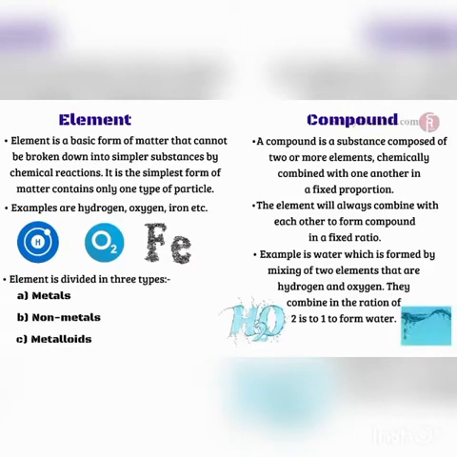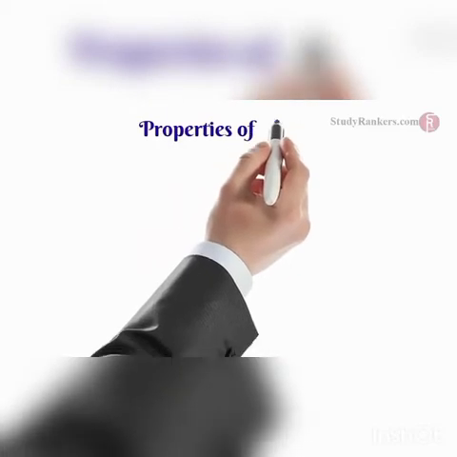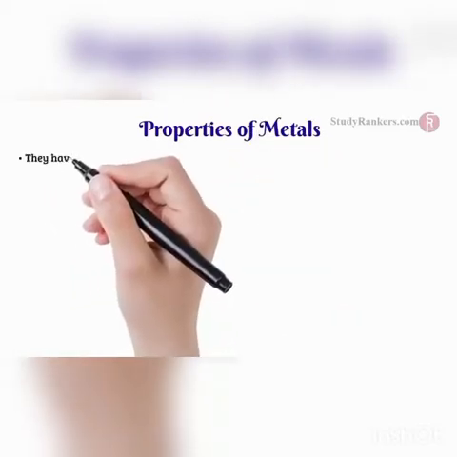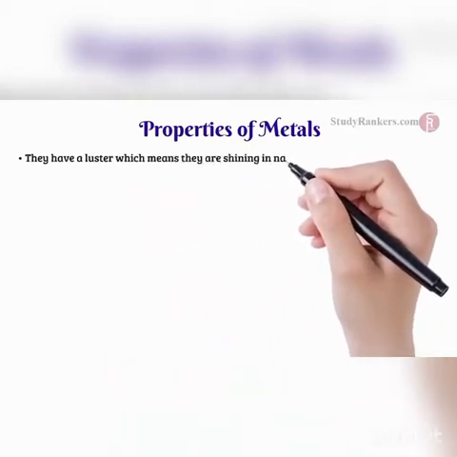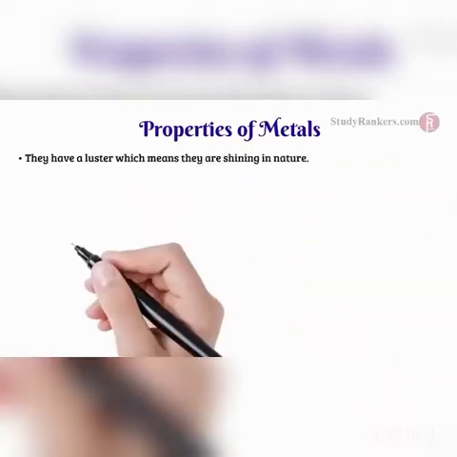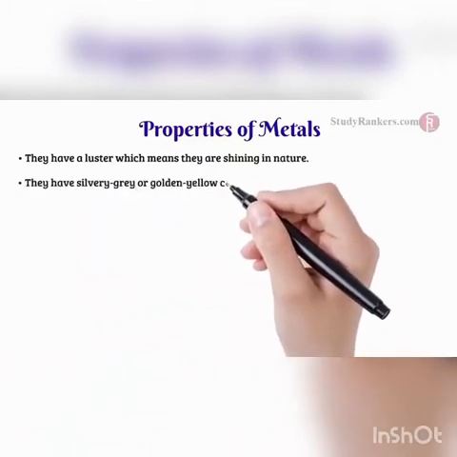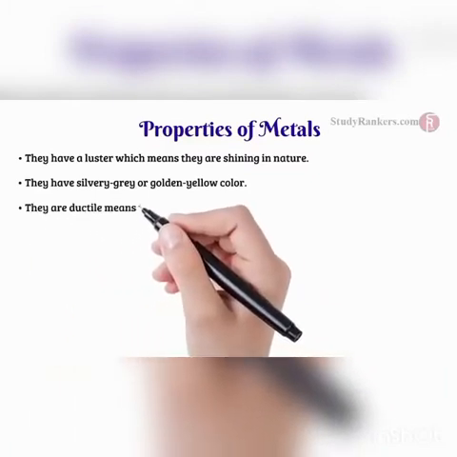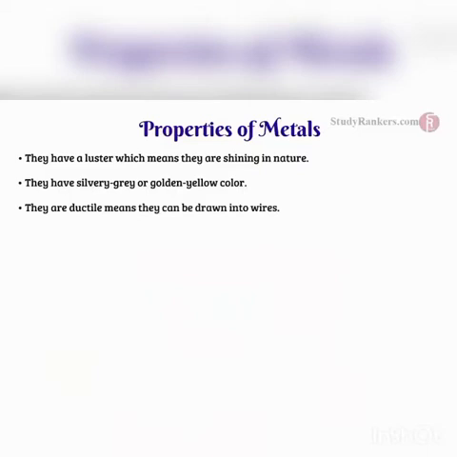Now, we will learn about the properties of metals, non-metals and metalloids. We already know that they are elements. Properties of metals: they have a luster, which means they are shining in nature. They have a silvery grey or golden yellow color. They are ductile, which means they can be drawn into wires.